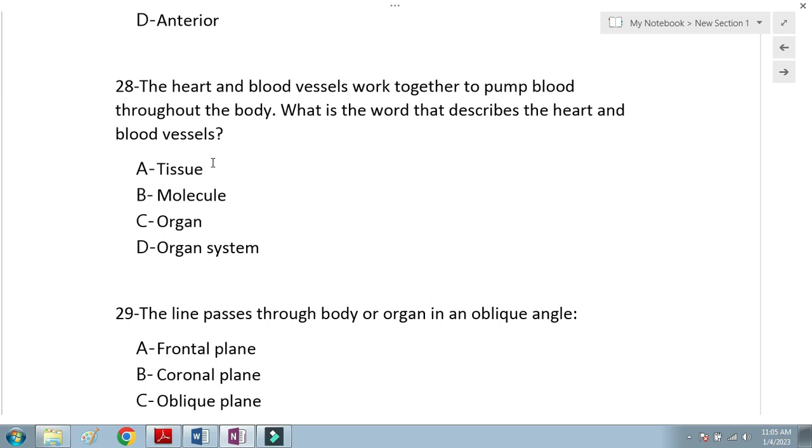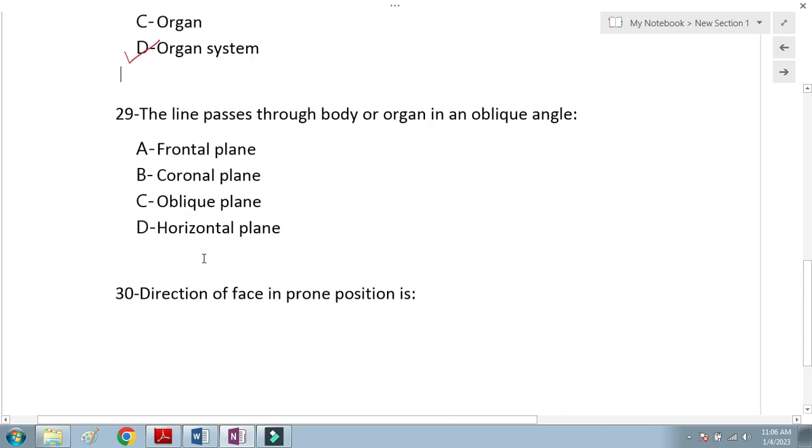Option A tissue, option B molecule, option C organ, and option D organ system. The correct answer is organ system, because it comes under the CVS, that is the cardiovascular system, heart and blood vessels.